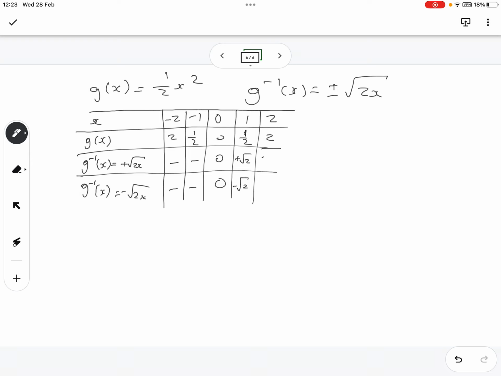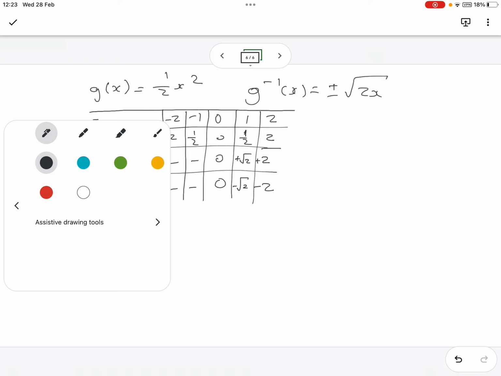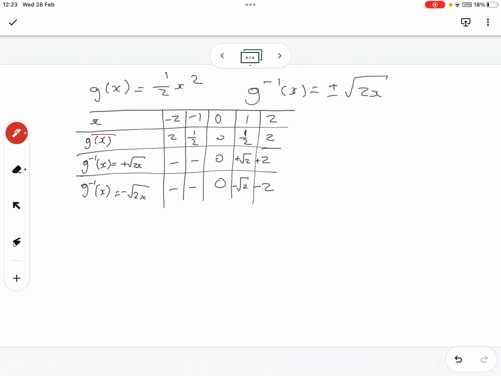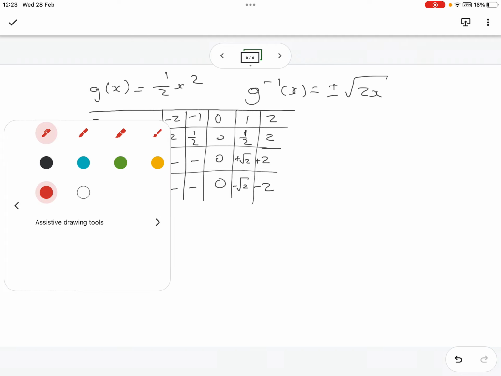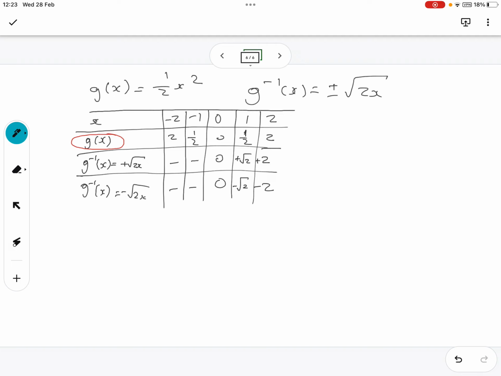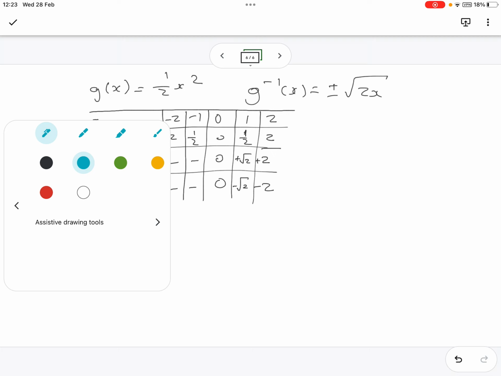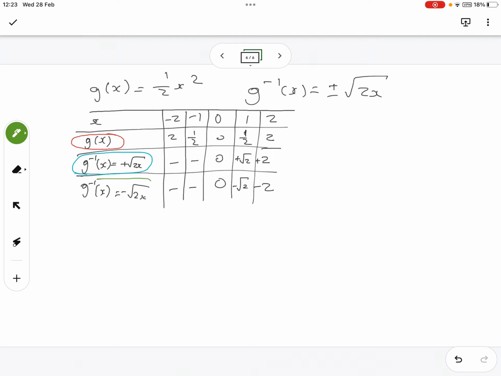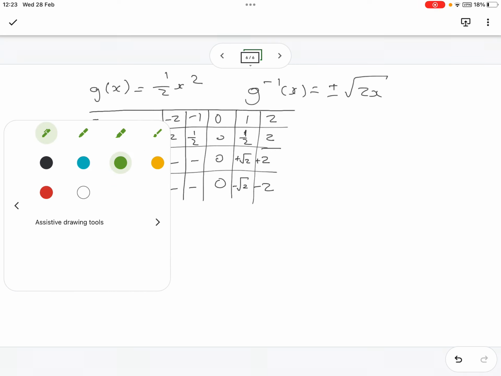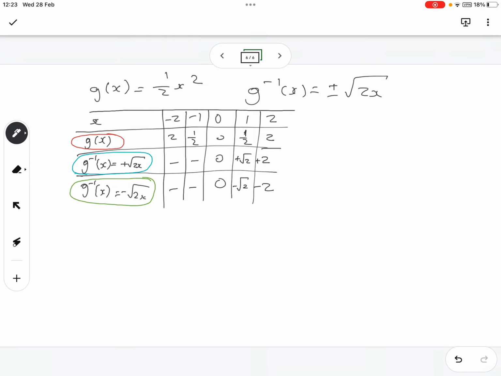Here we had just positive 2, and then just negative 2. Alright. So now, just so we can see what's going on, red will be our initial graph. Blue will be positive root 2x of the inverse, and green will be negative root of 2x. Alright, then we are plotting.